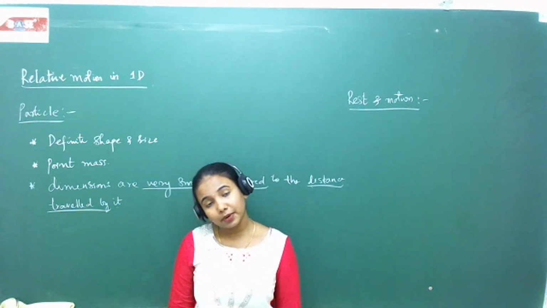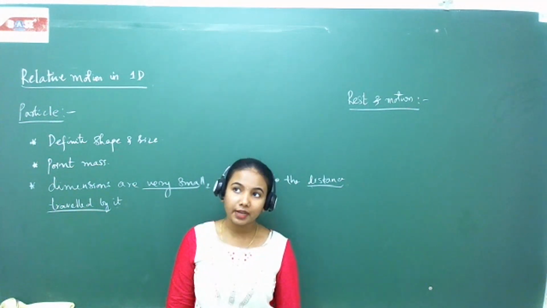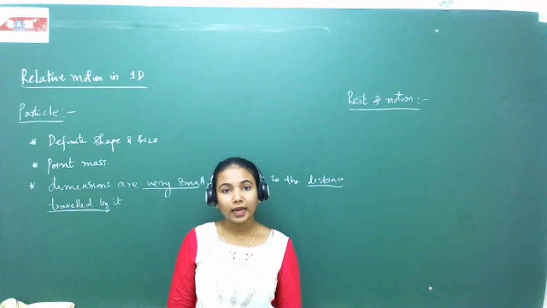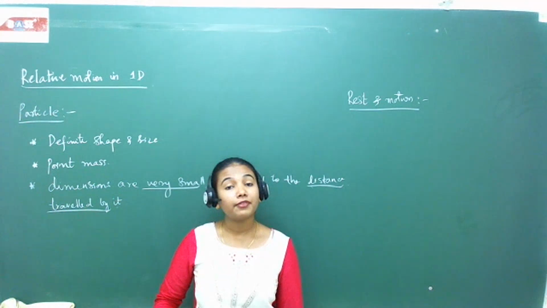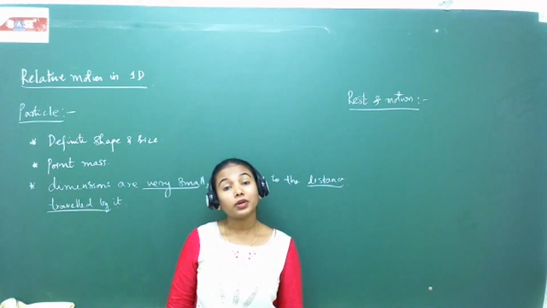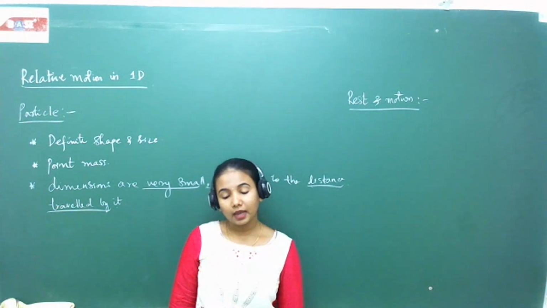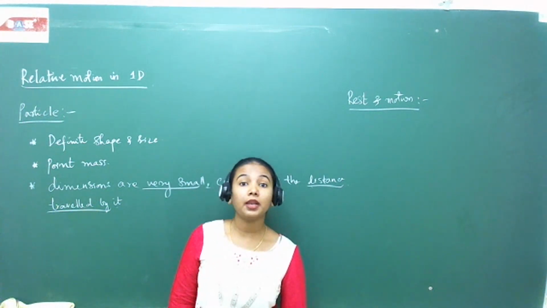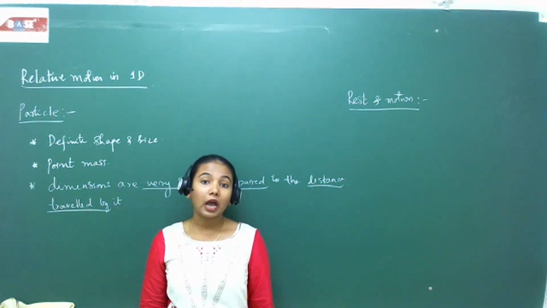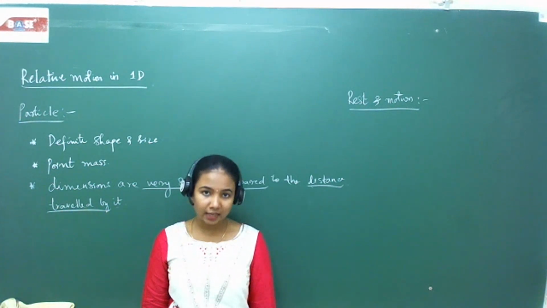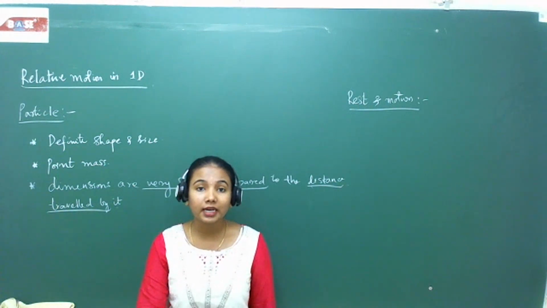Apart from all these definitions, we have to know that rest and motion depend on the frame of reference, or we can call it the observer. For example, a book is placed on a table. For the person next to the book, the book is at rest.